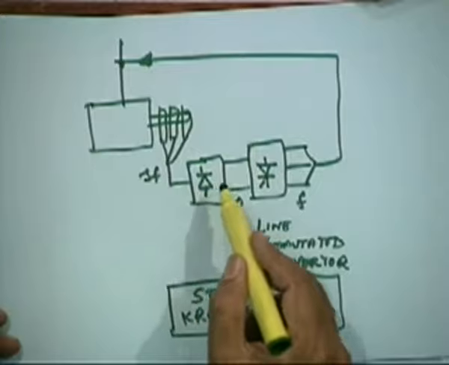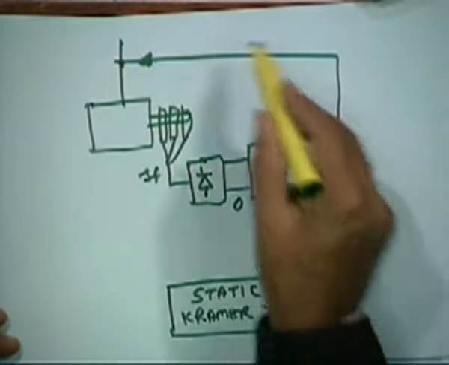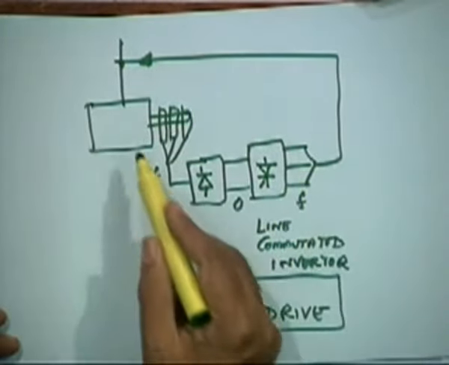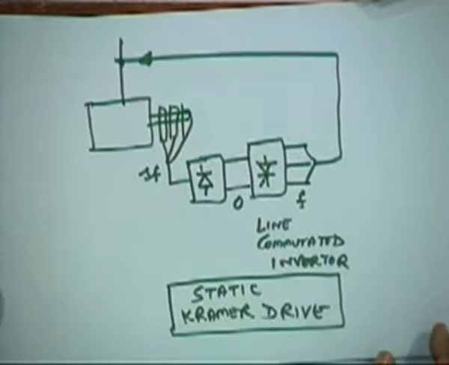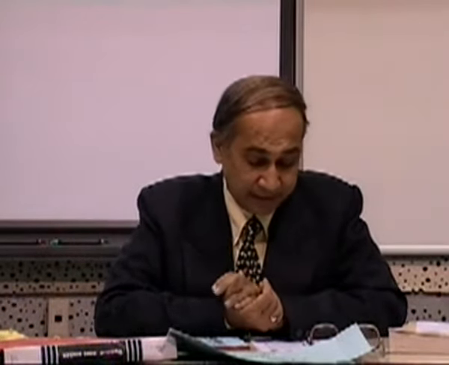You convert with a rectifier and an inverter and feed it to the mains, because all this effort is mainly to utilize the extra power which would otherwise have gone waste. So these are the schemes of speed control, because that is important for you to know.